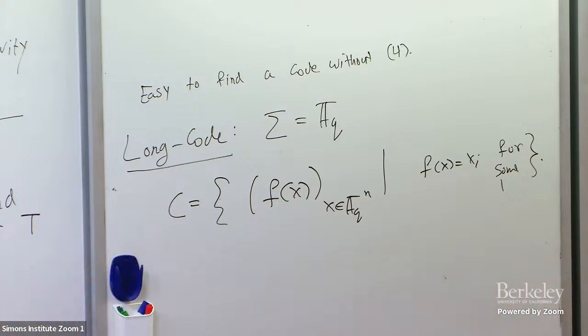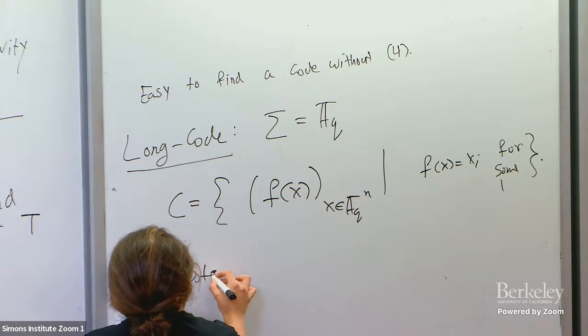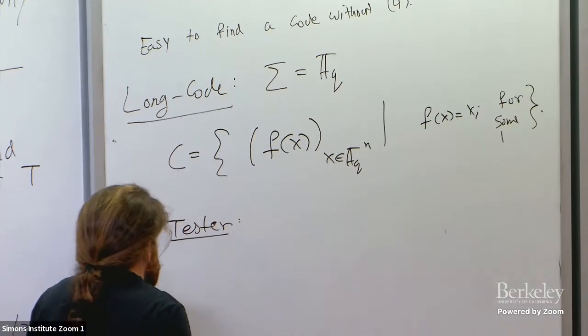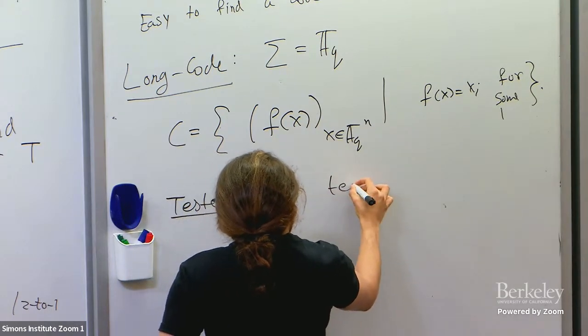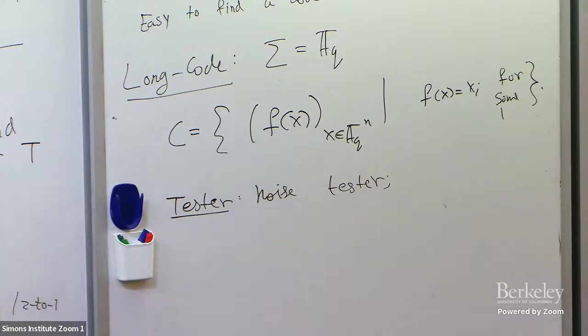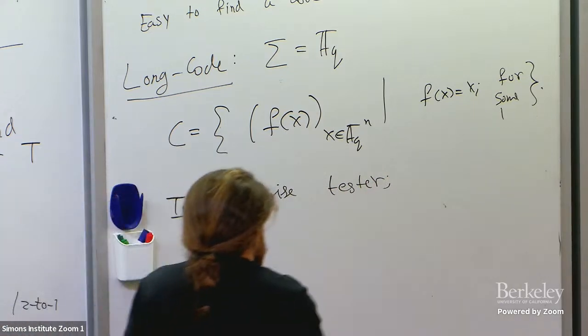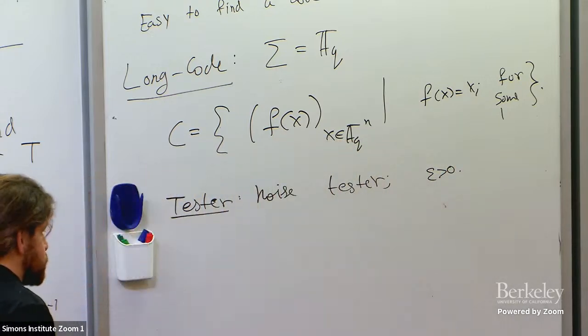So I claim that this test is okay. Now I need to tell you what the tester is. This is what is called the noise tester. For that, let's say that we have some small parameter epsilon. Now the tester proceeds as follows.